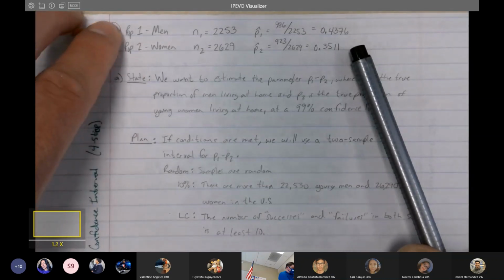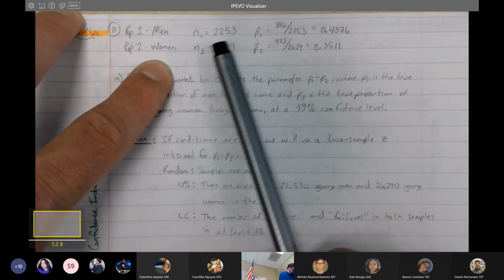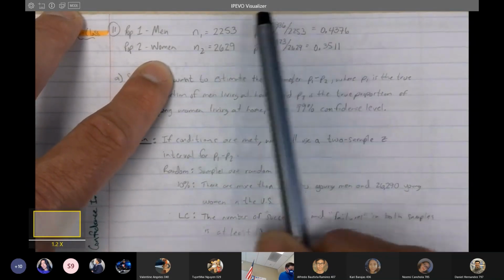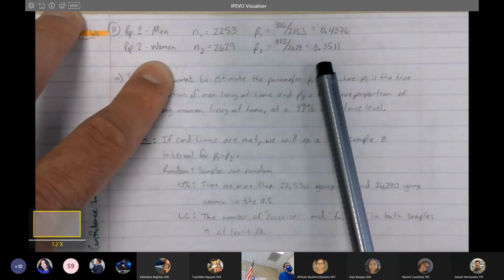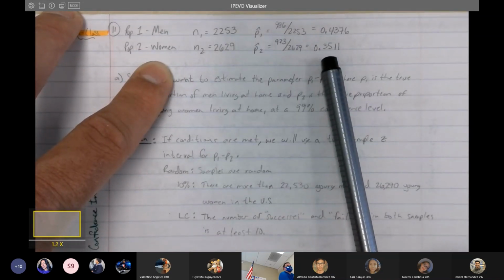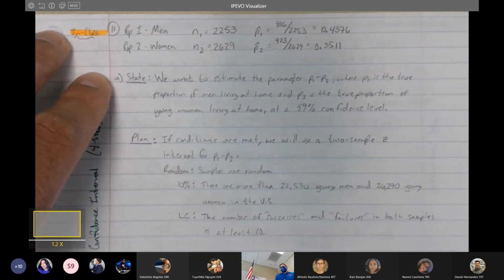I've got my populations, 1 and 2, men and women, the sample sizes for each of those populations, and the sample proportions based on everything I was given in the context. None of that is necessarily part of any of the solutions I've been asked for. It's just pieces that I need to use.